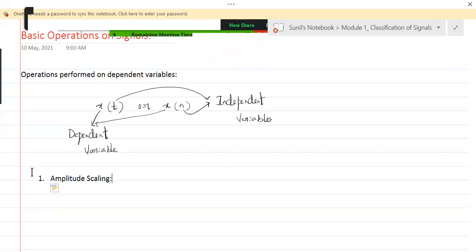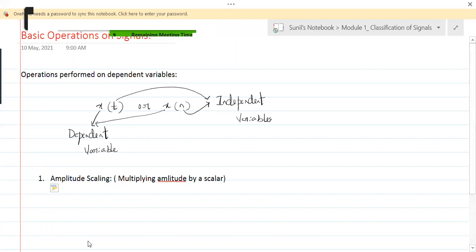Scaling is multiplication by a scalar. So it is multiplying amplitude by a scalar. Scalar is what? A number. Scalar is a number.